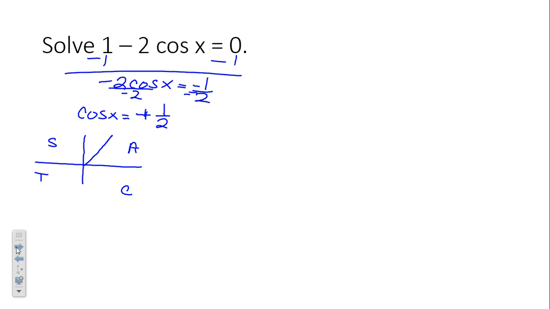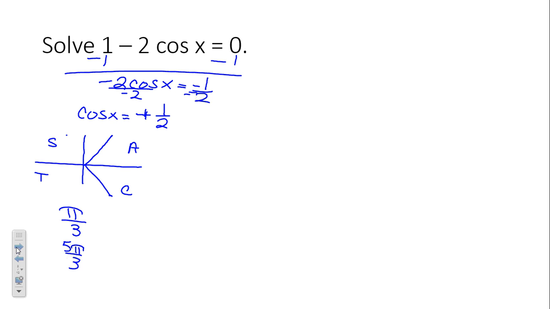At 5 pi over 3. So pi over 3 is one of our answers. 5 pi over 3 is another answer.